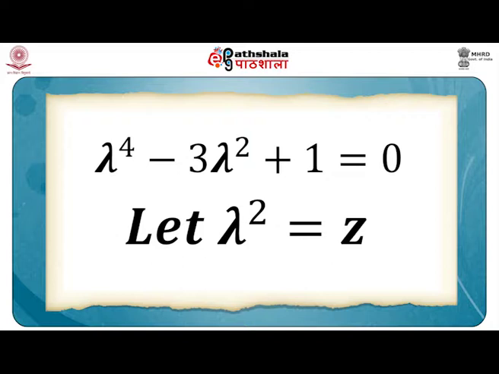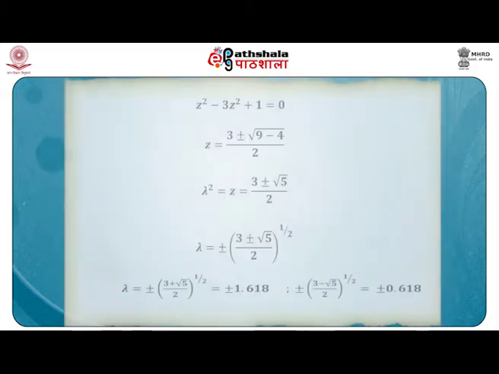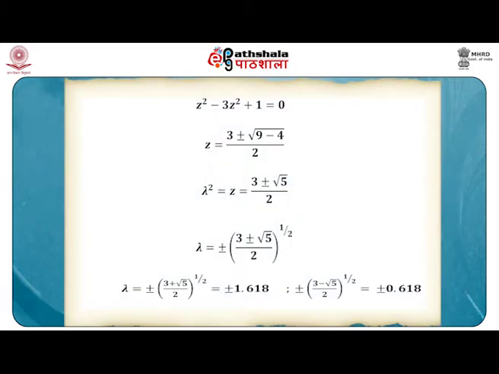In this, we put lambda square equal to z, and it simplifies to z square minus 3z plus 1 equal to 0. This is a quadratic equation that can be easily solved, and we get two values of z, and from there 4 values of lambda.